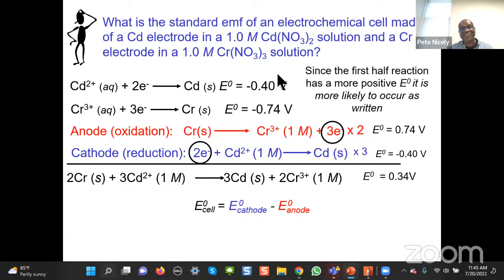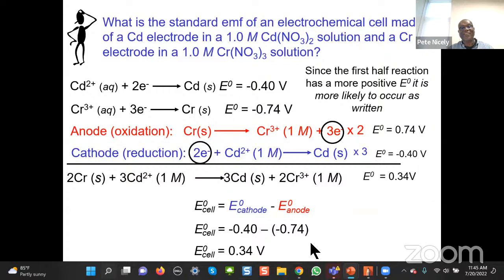The one that's more positive would obviously be the cathode, because that's where the reduction is more likely to take place. So therefore, the standard EMF of the cathode would be minus 0.40, and the standard EMF of the anode would be minus 0.74. So you put them in the equation here, minus 0.40 minus minus 0.74, and that would be equal to 0.34, which is the same result as we got here.